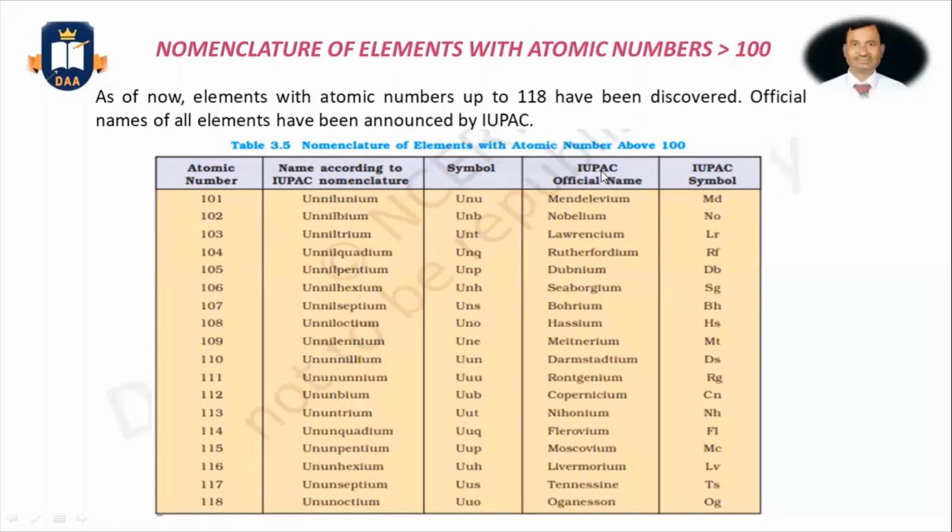And now IUPAC's official name is Nobelium, and the IUPAC symbol is No. So in the same way, all elements having atomic numbers from 101 to the till now discovered element with atomic number 118 are named very clearly by the IUPAC system.